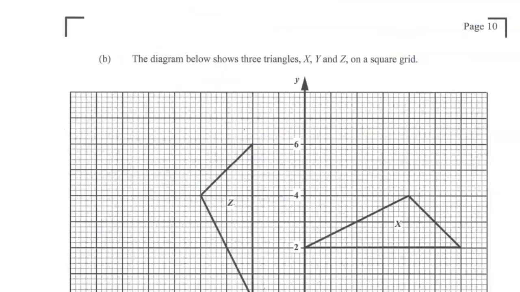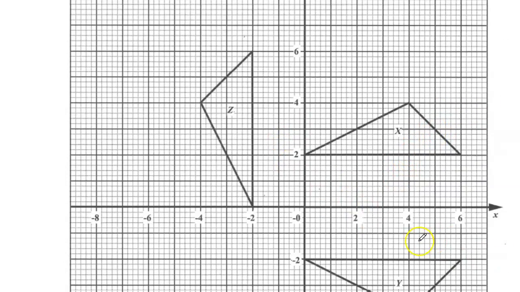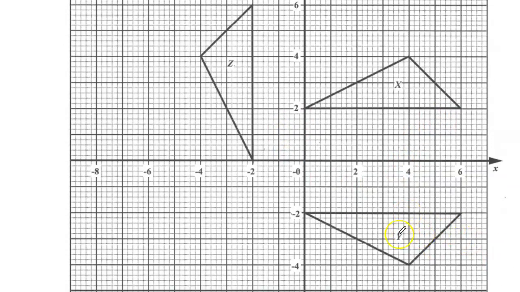So now we're on to part B. The diagram below shows 3 triangles. Triangle X, as we can see here. Triangle Y is here. And here we can see triangle Z. Now what are they asking us to do?